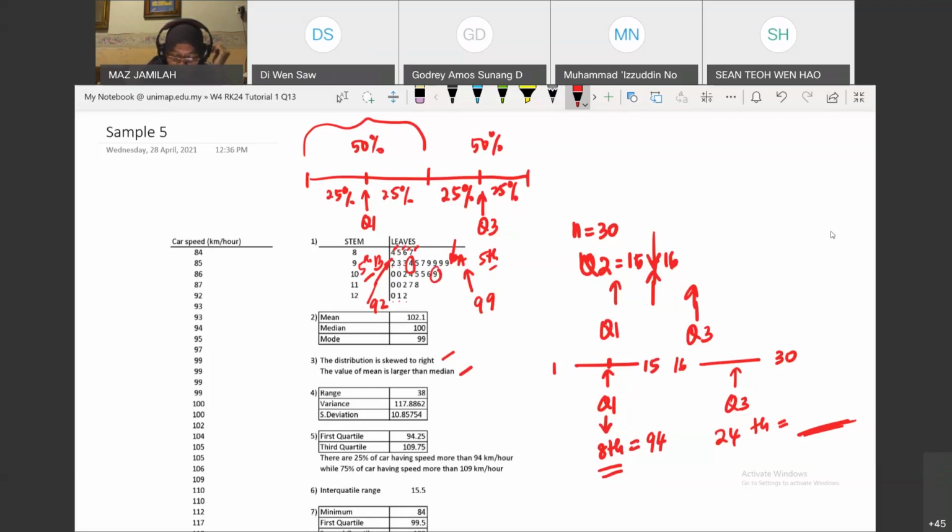1, 2, 3, 4, 5, 6, 7, 8, 9. This is the 8. This is the 9. 1, 2, 3, 4, 5, 6, 7, 8, 9, 10, 11.